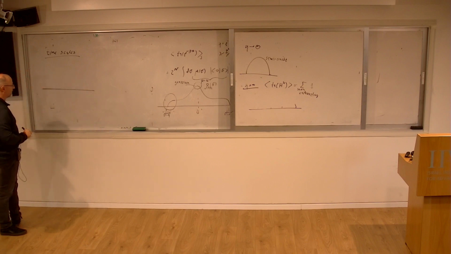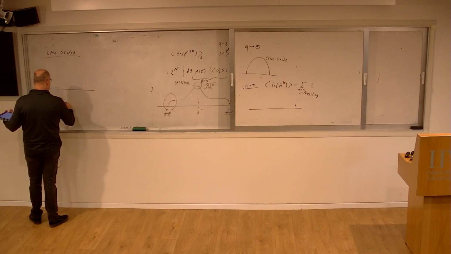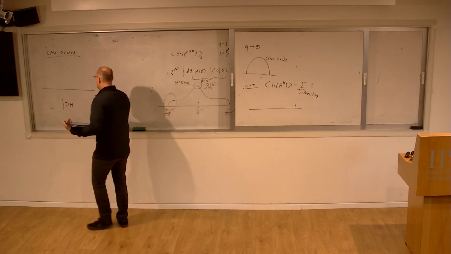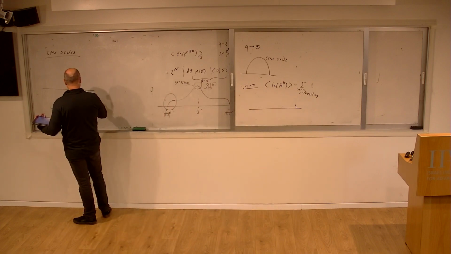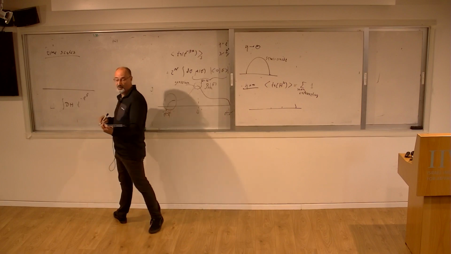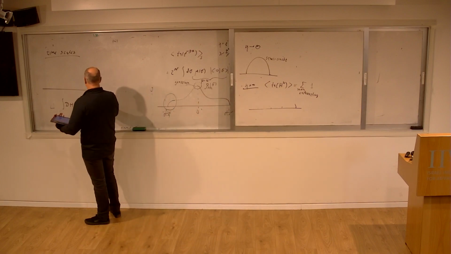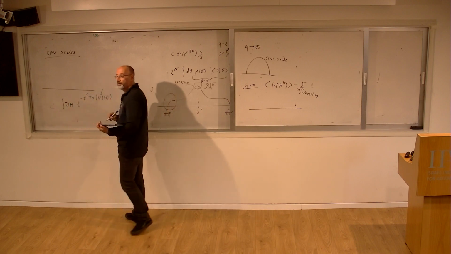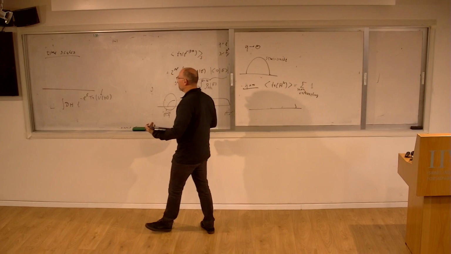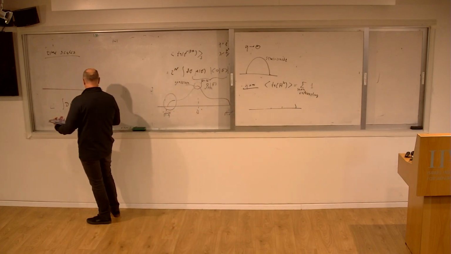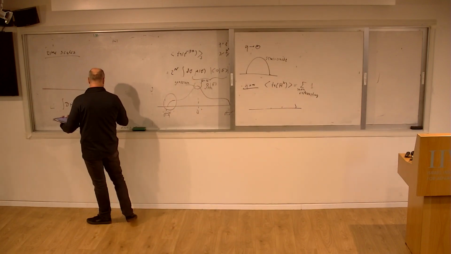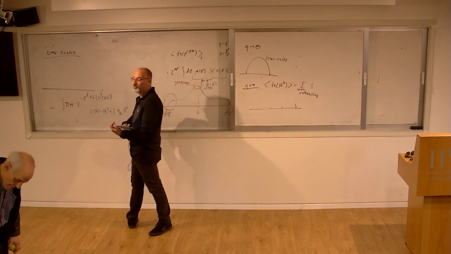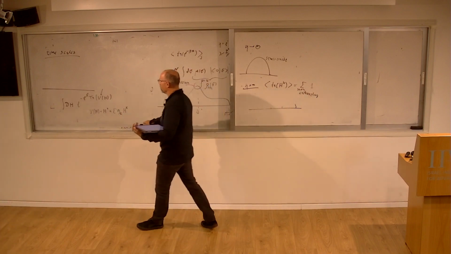When I say ordinary RMT, I mean something of the form: an integral over the Hermitian matrices of e to the minus e to the S, trace V of H, where e to the S is the dimension of the Hilbert space and V is some potential. I can think of V of H as H squared plus some g_k H to the k. This is what one usually does.